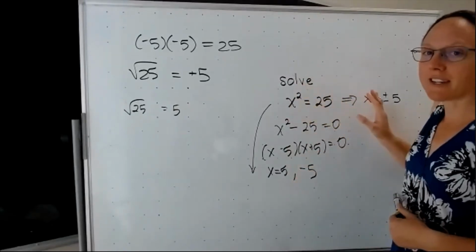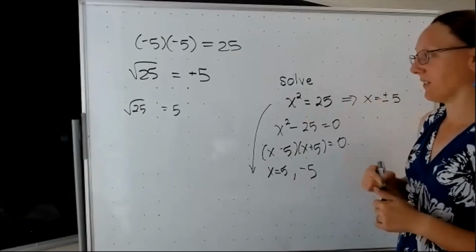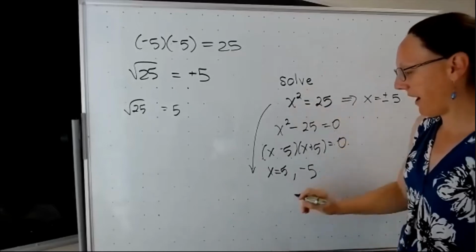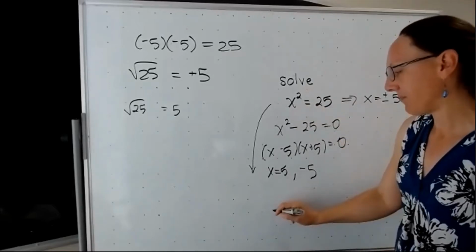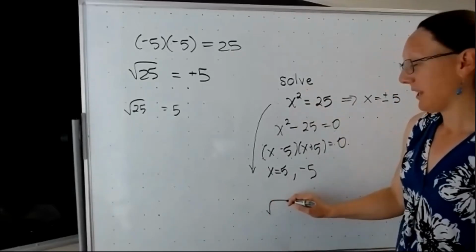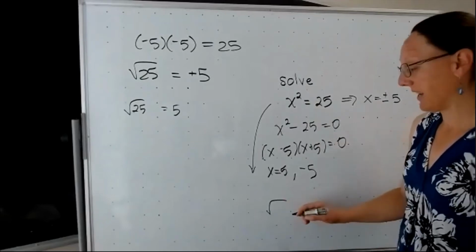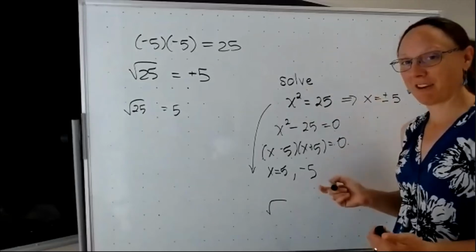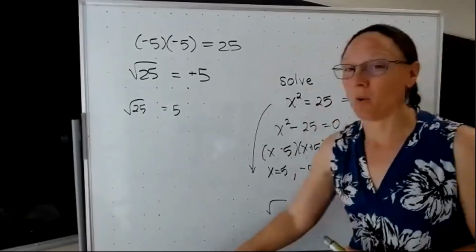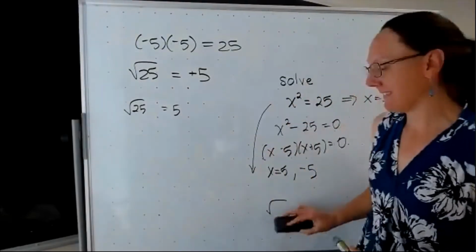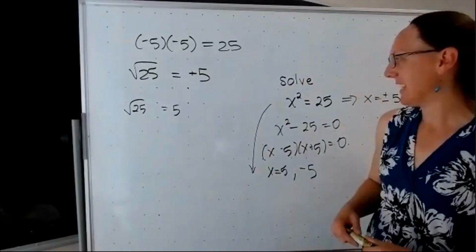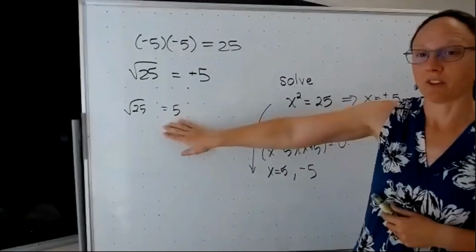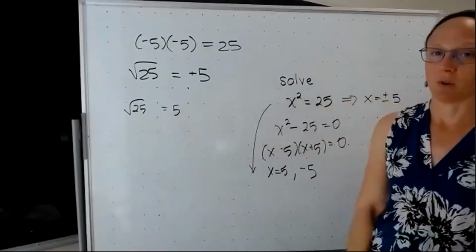The shortcut to writing those two answers is to go from x squared equals 25 to saying that when you took the square root of both sides, we have to account for the positive and negative versions of it. But that only comes up when I'm solving something. If we're just working with numbers, the square root of 25 is equal to +5.